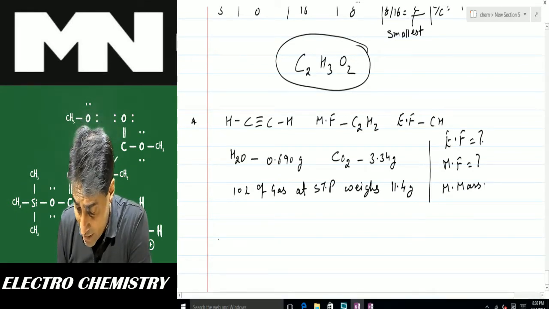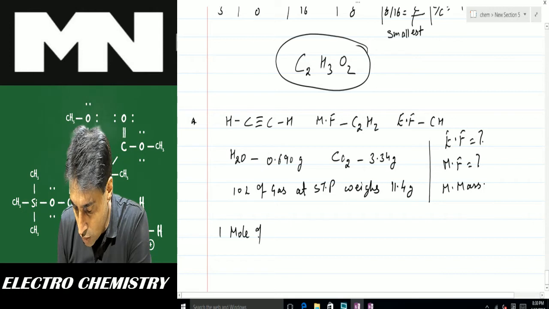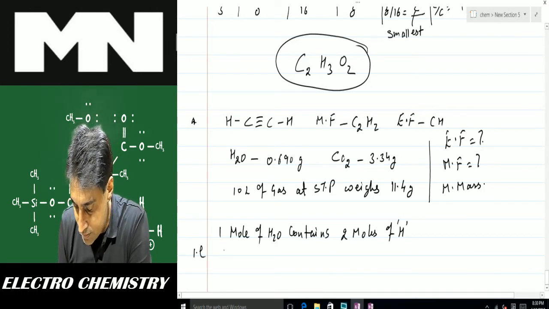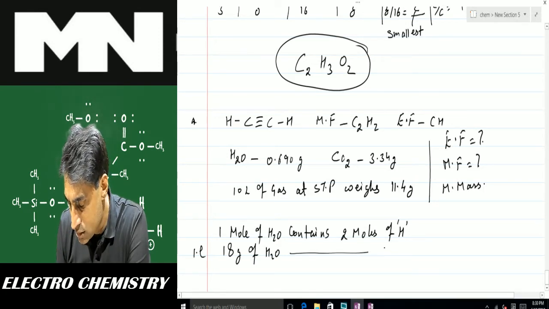So for that, what I am writing: 1 mole of water contains 2 moles of hydrogen. That is, 18 gram of water contains 2 grams of hydrogen.